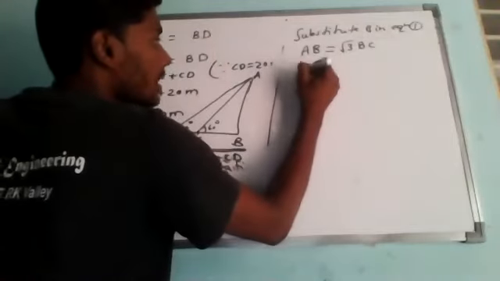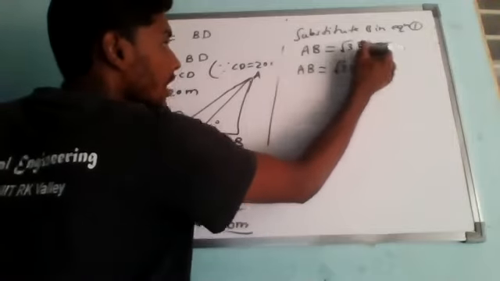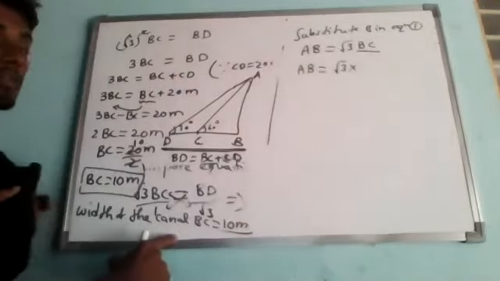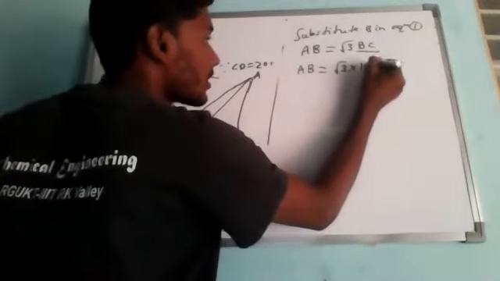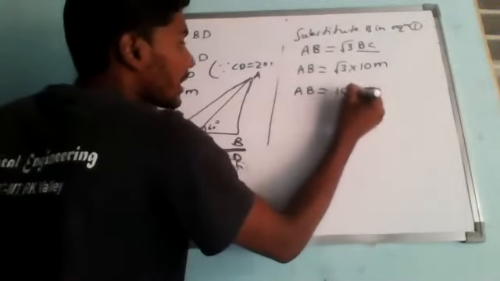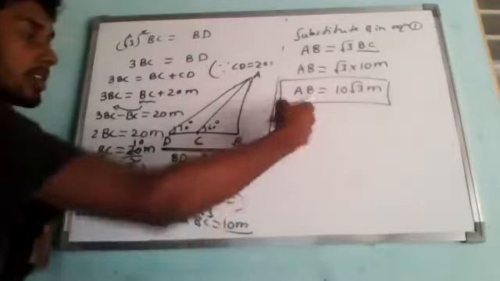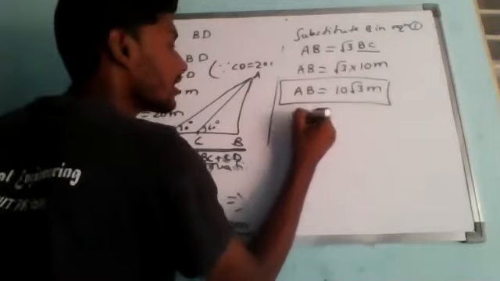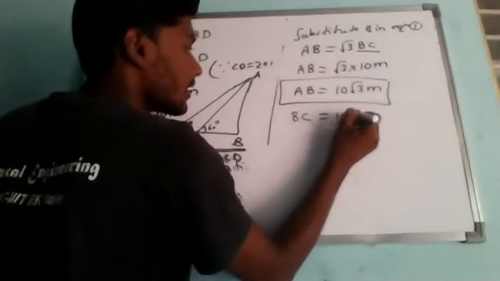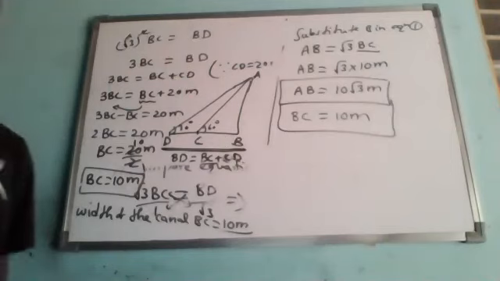Now AB, the height of the tower, is equal to root 3 into the BC value. BC is the width of the canal, which is 10 meters. So the height of the tower is equal to 10 root 3 meters. This is the height of the tower, and the width of the canal is 10 meters. These are the final answers which you had to calculate. Thank you.